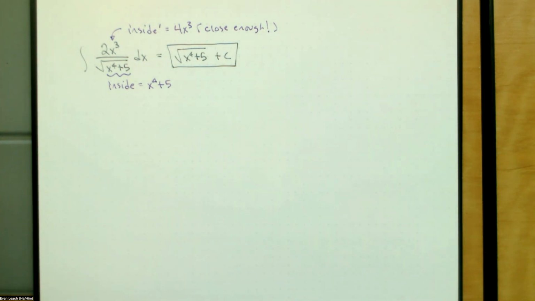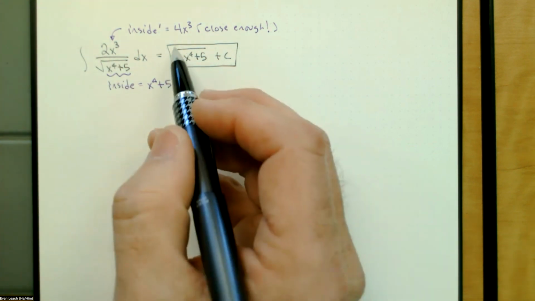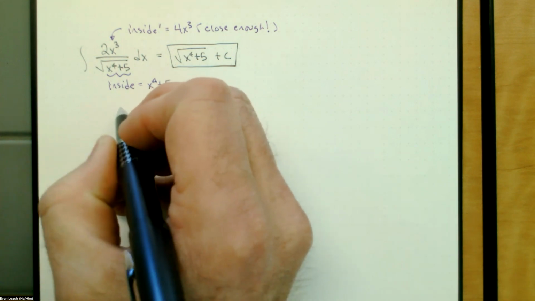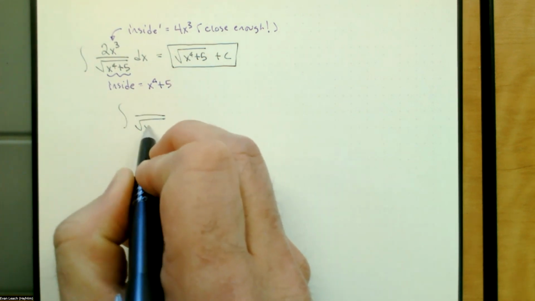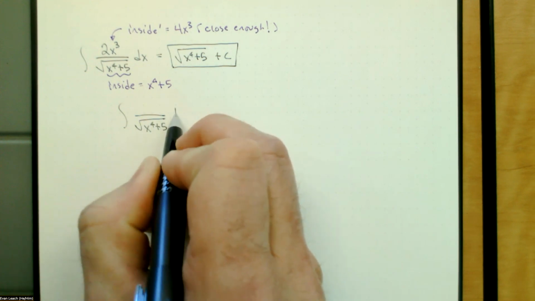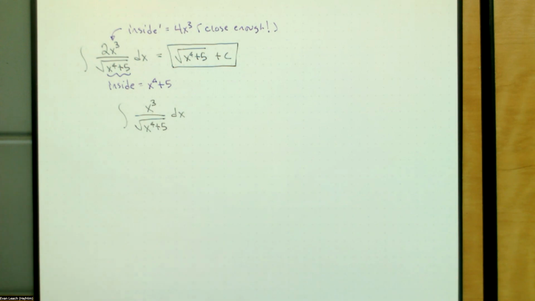So if we look at a different problem, we recognize that with the 2, we're going to have no constants over here. So what if we had some variation of this problem? Instead of 2x to the third, we have just x to the third.